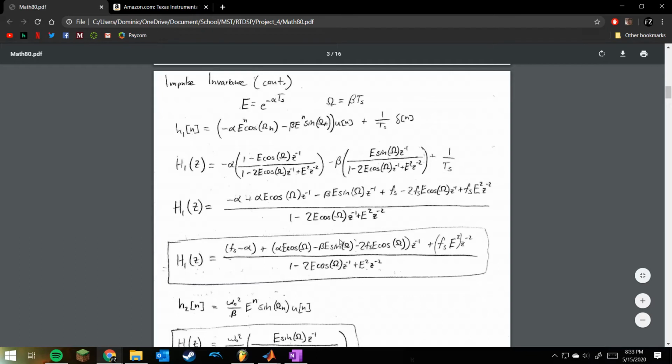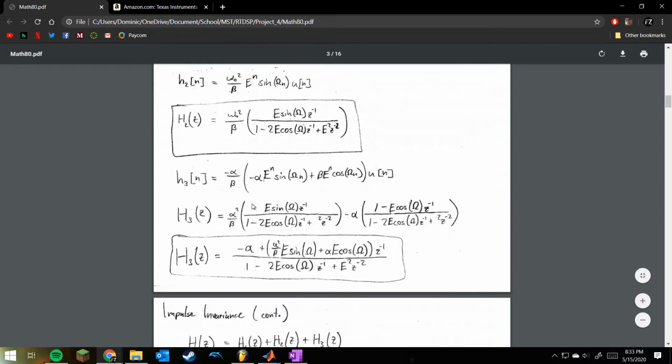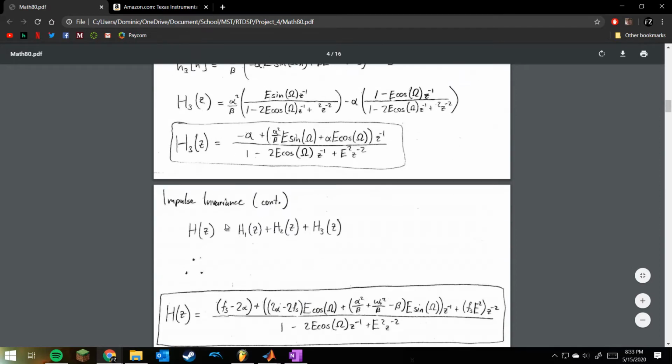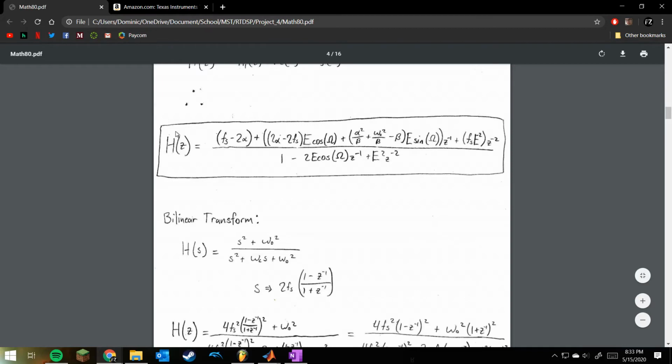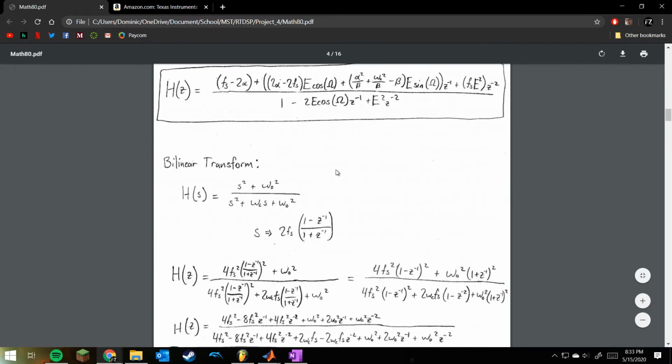And then we just algebra ourselves around until we get this nice transfer function here. Then you have to do that for the other discrete time domain parts, which would be here and here, and then we add them all up, and we get this. And that's how the impulse invariance technique is done.